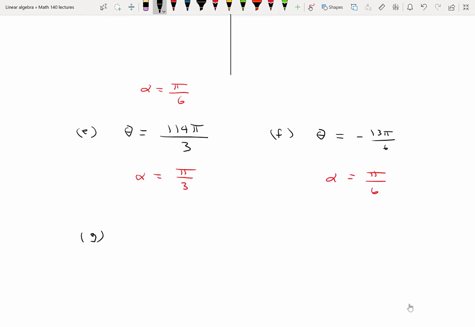G. What's the reference angle for theta equals 7 pi over 2? It's not 7 pi, it's not pi over 2. Did you get it? None.